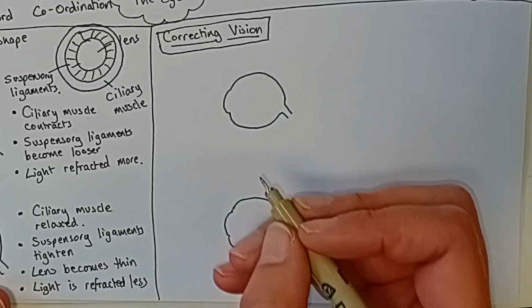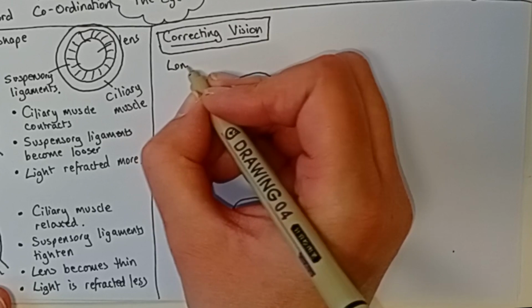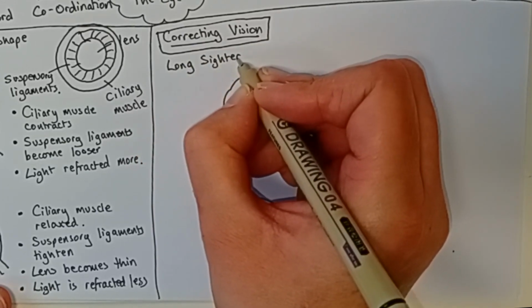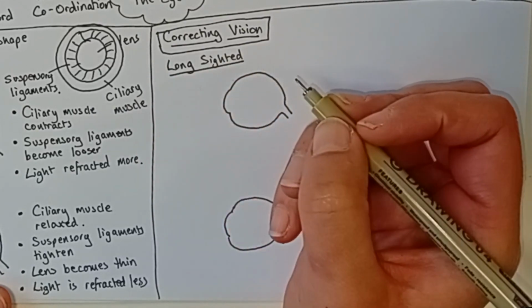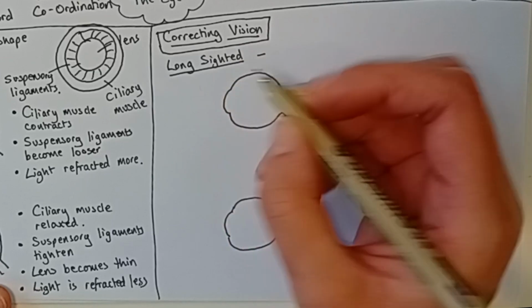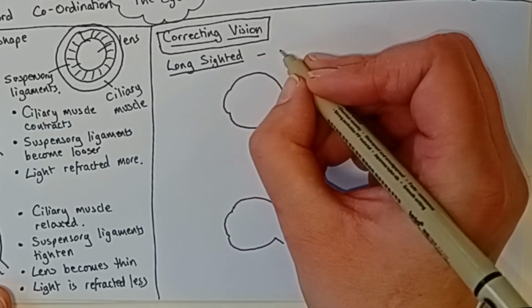All right, so we're going to think first about when someone is long-sighted. If someone is long-sighted, it means they can see things far away, but not close to.